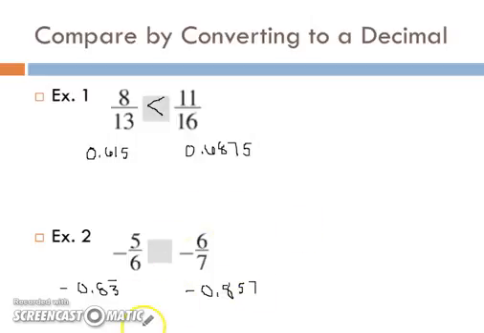Now be careful, these two are negatives. The one that is actually larger seems to be the opposite of what you'd think. Since they're negative, this one is closer to 0. So this one is actually the larger number. So we'd want to put our greater than symbol in there, showing that it's larger. So comparing with decimals, divide out numerator divided by denominator, and you compare the two decimal values.